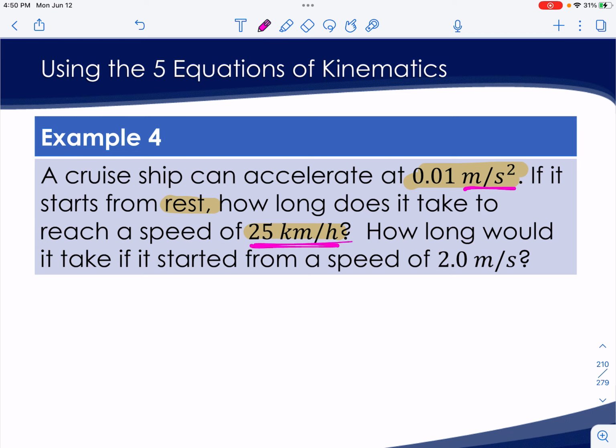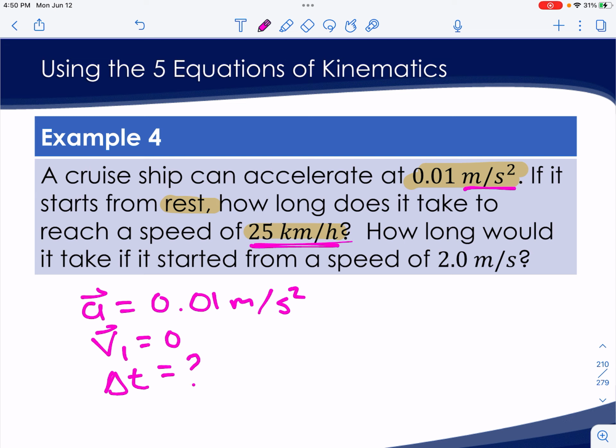How long would it take if it started from a speed of 2 meters per second? Okay, so what do we know? We know that the acceleration is 0.01 meters per second squared. We know that it starts from rest. It's asking for how long would it take.